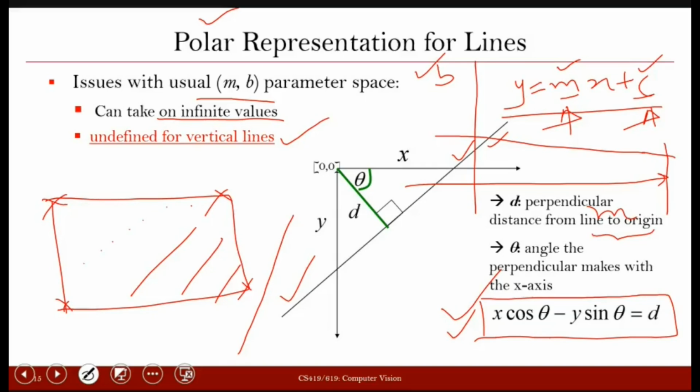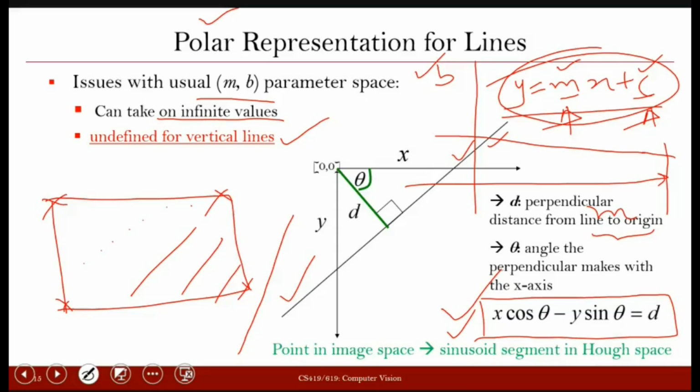That is why, in place of doing the Hough transform in the model space, we normally do it in the polar coordinate system. Okay. And the procedure is very much similar. When representing our lines using y equal to mx plus c, the voting was done for parameters m and c.